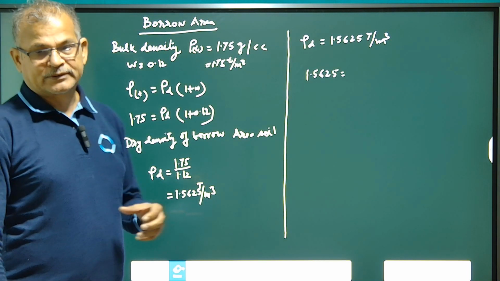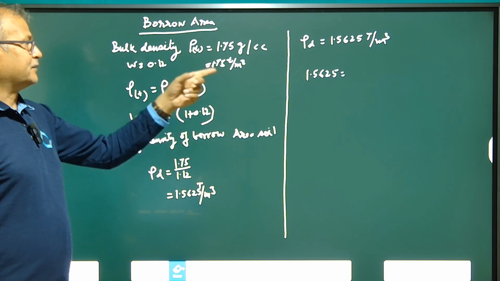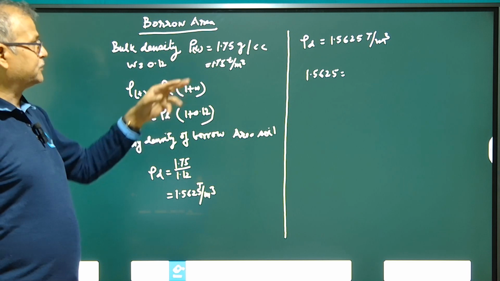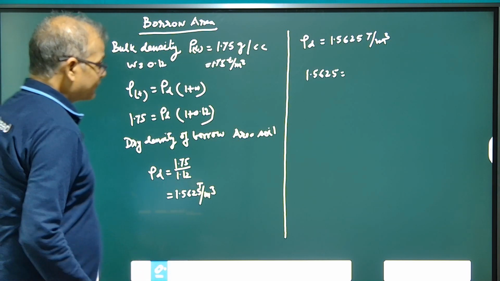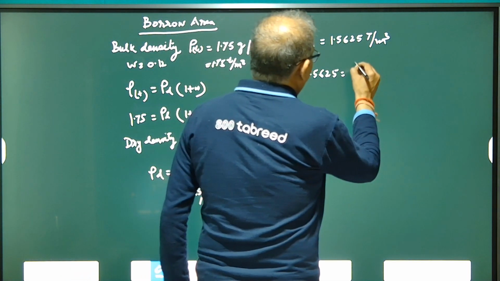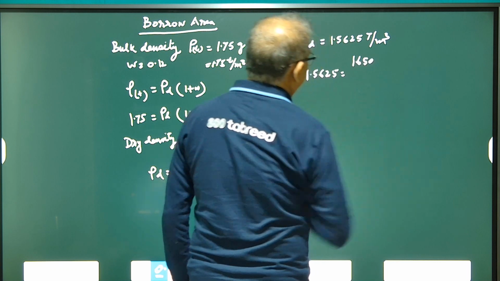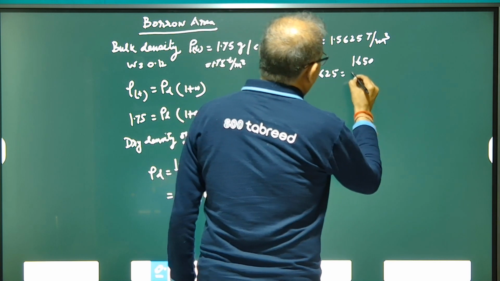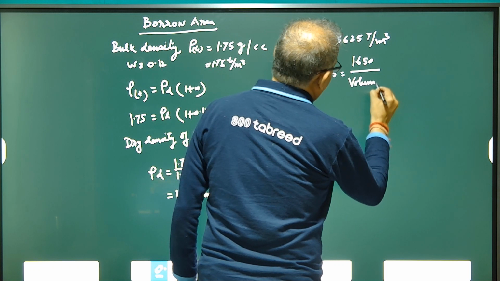So to find out the volume of soil required from the borrow area, whose dry density is 1.5625, let us input 1650, the mass of dry soil required to construct the embankment, upon the volume to be brought from the borrow area.